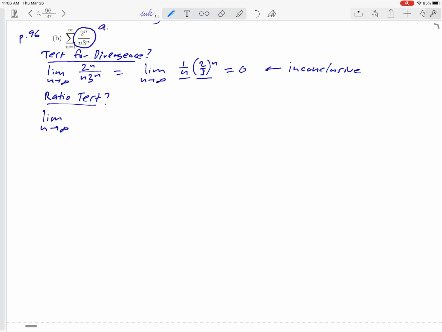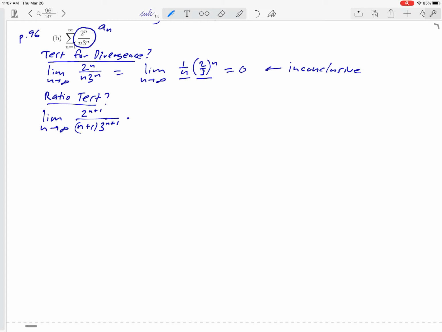The ratio test involves taking a sub n plus 1, and remember, a sub n is just our name for the term that's in our series. So a sub n plus 1 would be taking that a sub n and putting in n plus 1 everywhere that we see an n. All of that we just wrote down is a sub n plus 1.